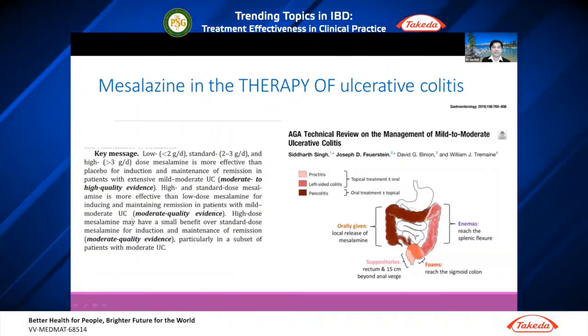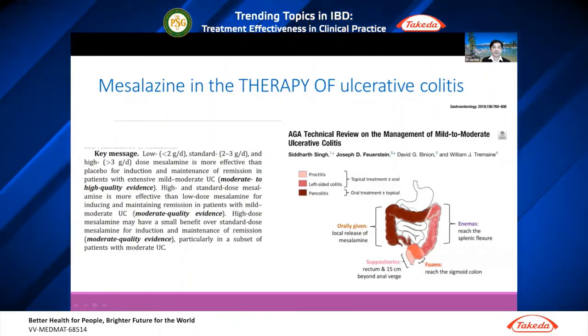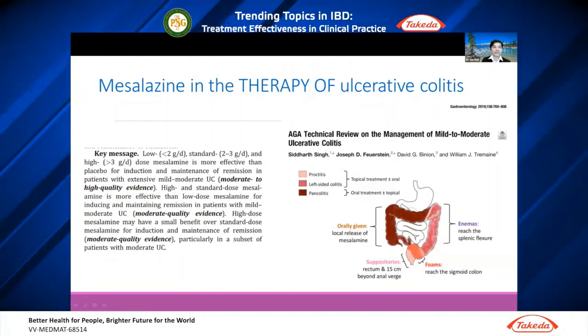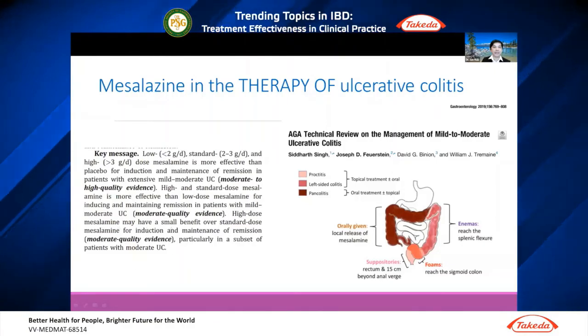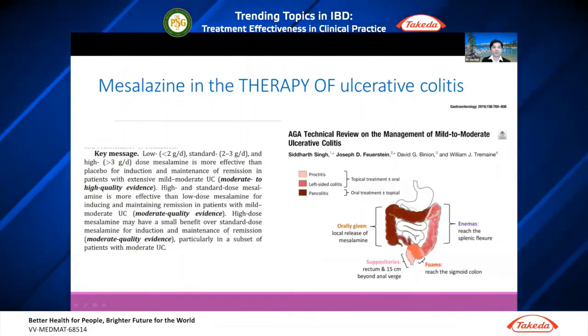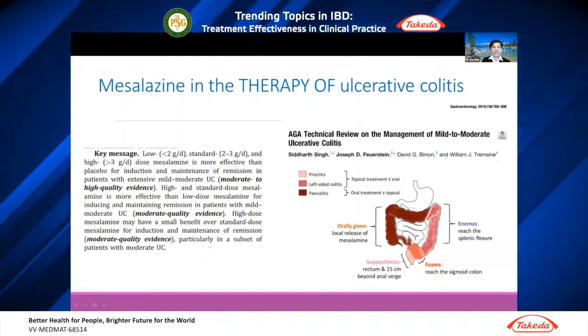So it does not make sense to actually use less than 2 grams if we're trying to induce remission, okay? And also in a subset of patients, high dose mesalamine may have a small benefit over standard dose mesalamine for induction and maintaining of remission.